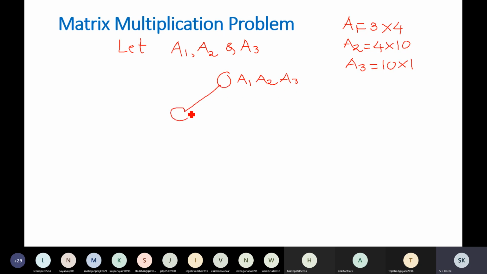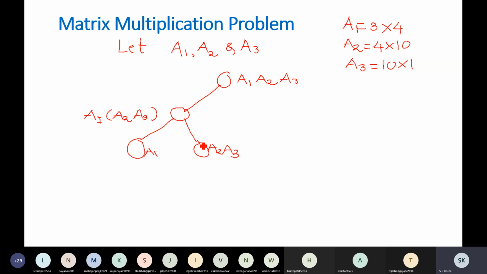A1, A2, A3 can be multiplied in 2 ways, as we have seen. The first way is to multiply A2, A3 first and multiply that result with A1. I will write it this way: A1 here and the A2, A3 multiplication, denoted in this way.